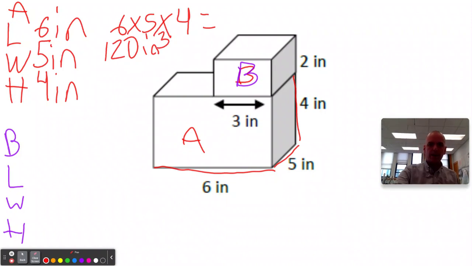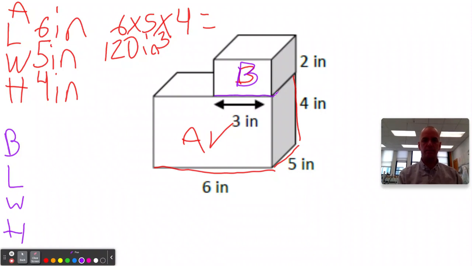So now we have A, and we have to find B. So B. All right, let's find its length, which is right here. Oh, and they give it to us. So it's 3 inches. Its width. It's not labeled there. What do I do?